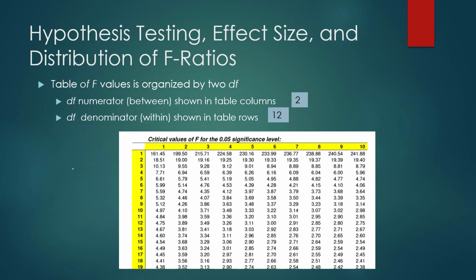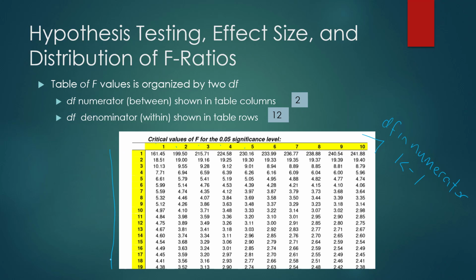So when we're looking here, these are the columns here, right? 1, 2, 1, 2, 3, 4, 5. Those are the columns. These columns represent our numerator. So this is the degrees of freedom in the numerator, which is also k minus 1.